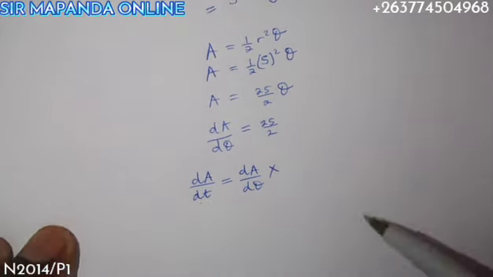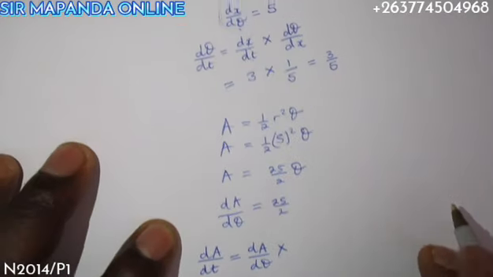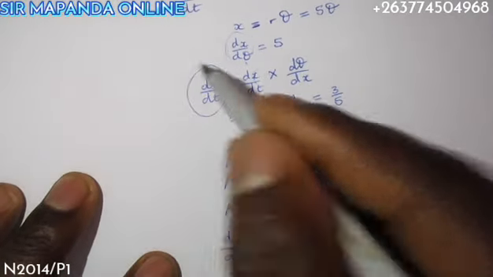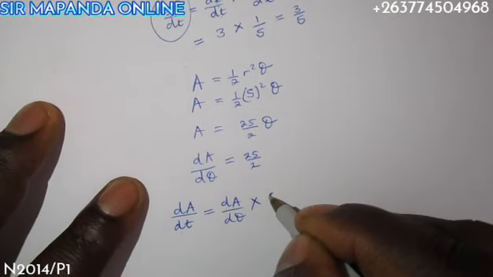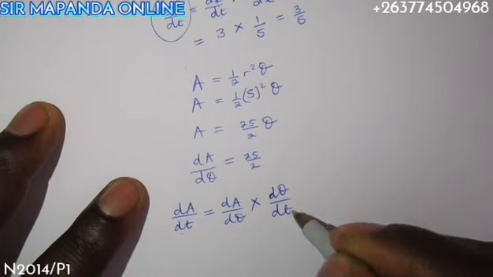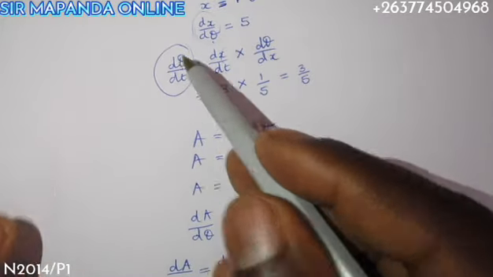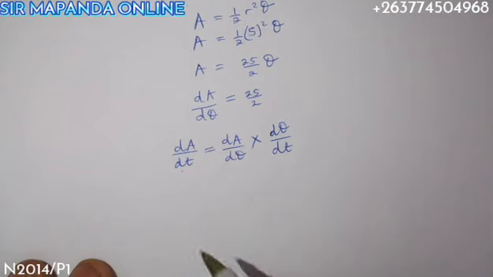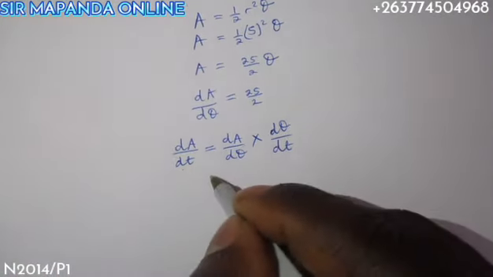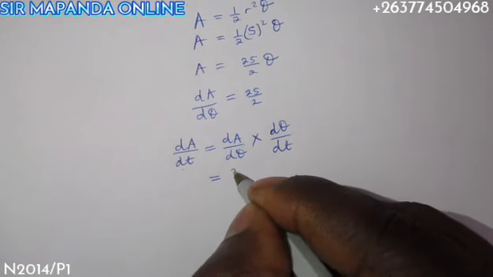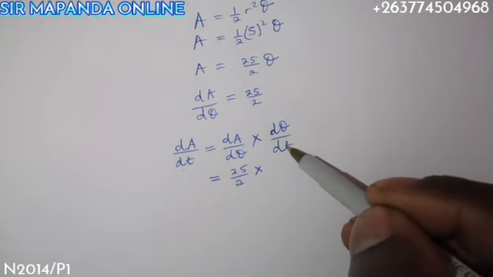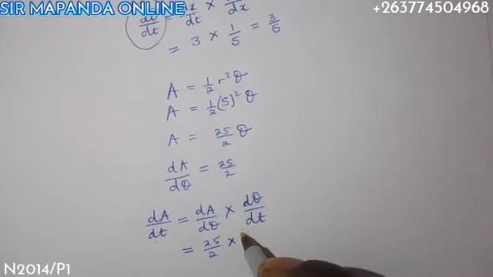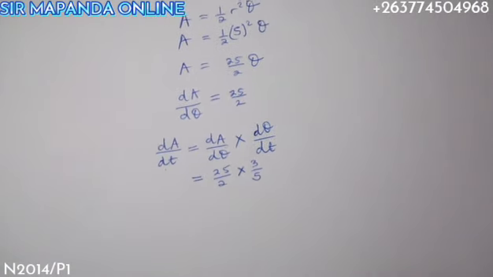So the best coefficient to use is the answer in part 1. In this one, we are not going to reciprocate it, but we are going to take d theta over dt as it is, so that d theta and d theta cancel off diagonally to give you dA over dt. So dA over dt is 25 over 2 times d theta over dt, which is the answer in part A, and this answer is 3 over 5.